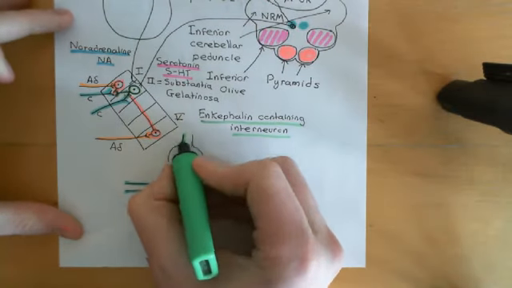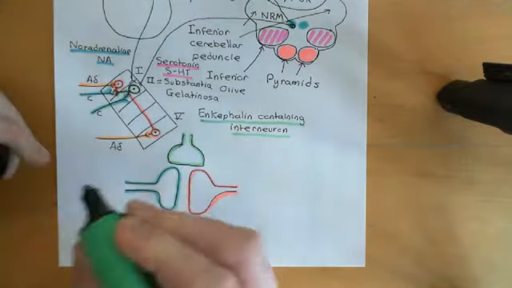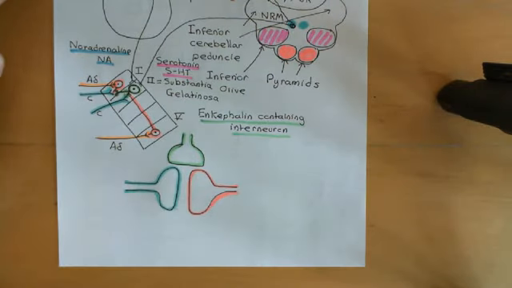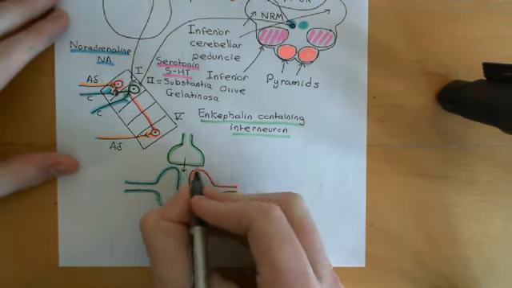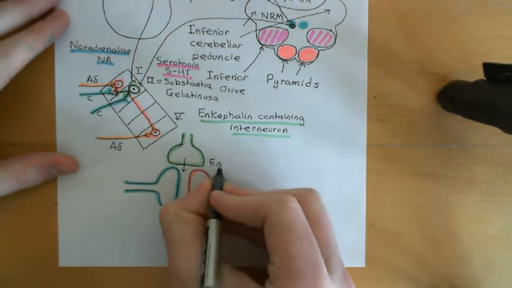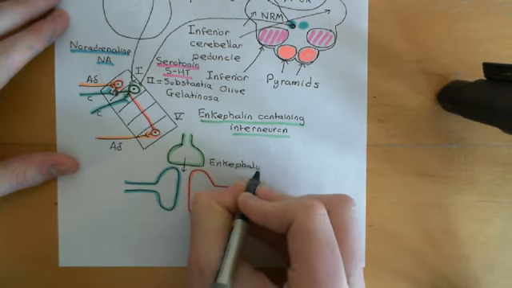Basically, these enkephalin-containing interneurons, when they've been activated by either the noradrenaline or the 5-hydroxytryptamine coming down from these two high-up brain structures, are going to release enkephalins onto the neurons of this synapse. Now, what are the enkephalins going to do?